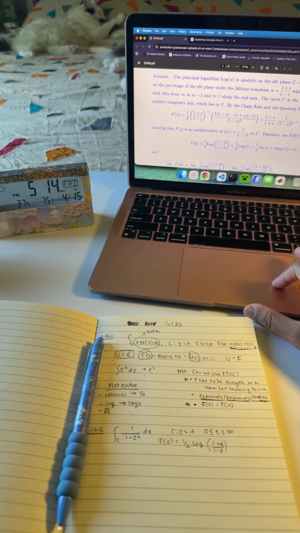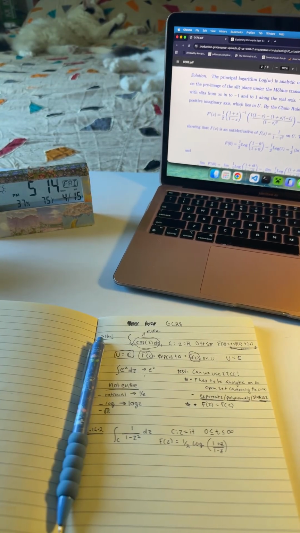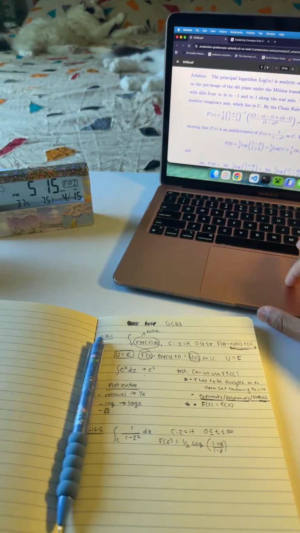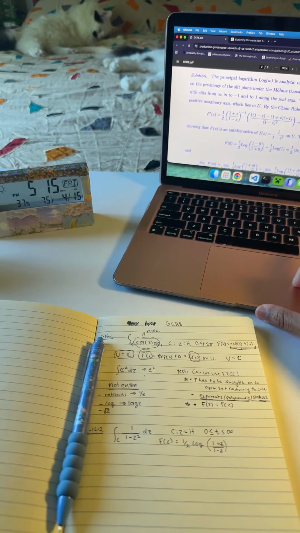The curve c is the ray from 0 to infinity along the positive imaginary axis, which lies in U.